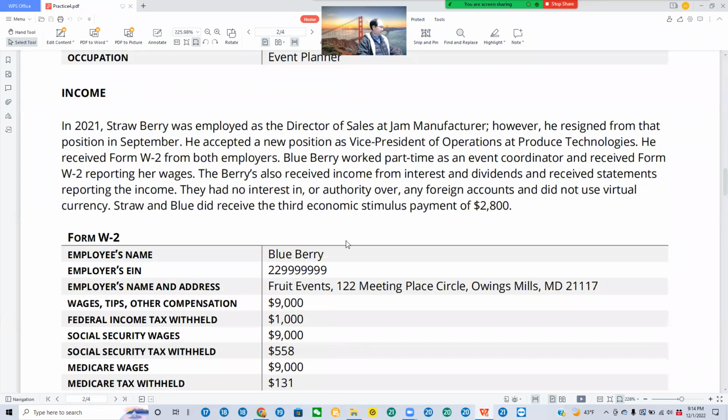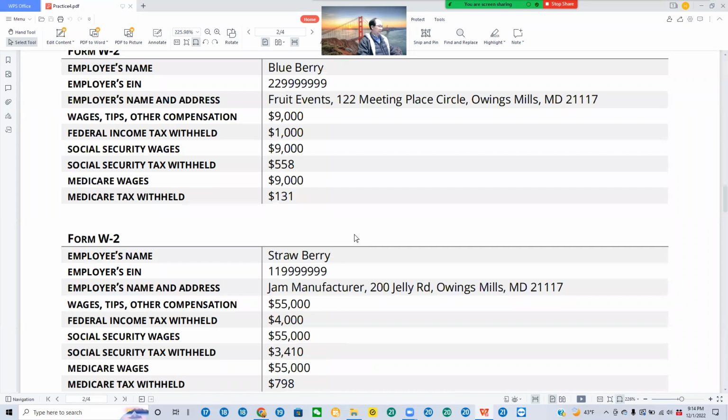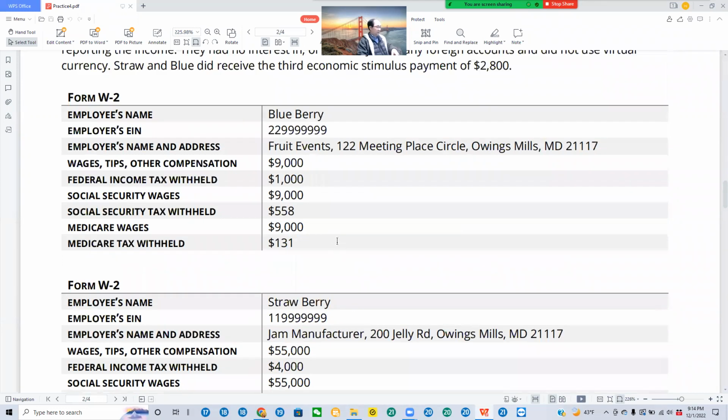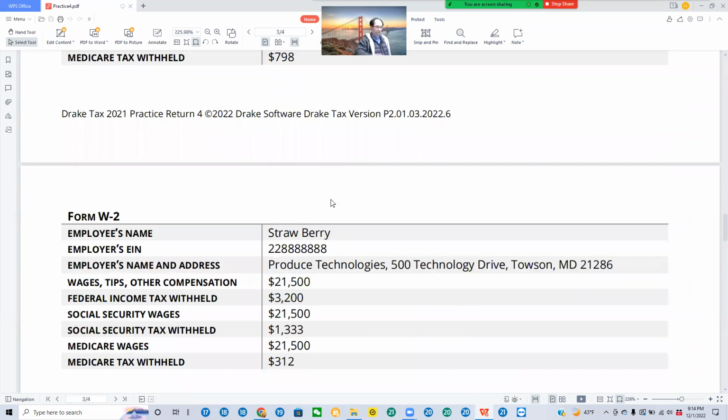And as you know, there are 3 W-2s, which means the first one belongs to one person, and the second one, the third one is different. As you can see, one person has 1 W-2, the other has 2.